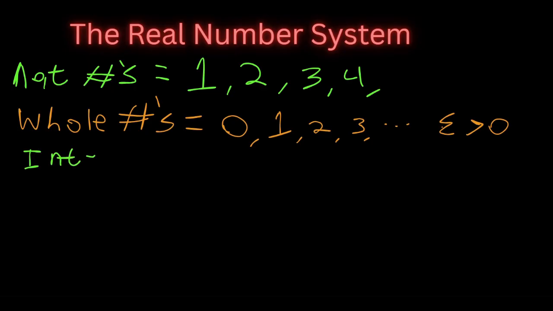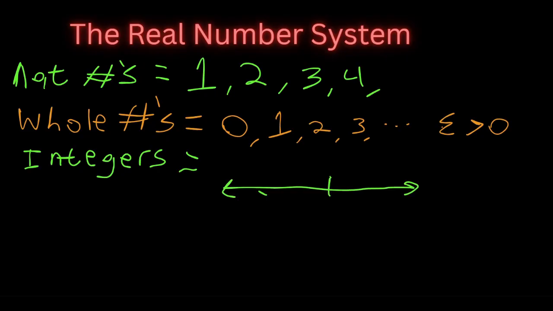Now we're going to move on to integers. Remember, we're classifying numbers here. What are integers? Now, integers are going to stretch towards positive infinity and towards negative infinity on the number line. So let's just go ahead and draw a number line, and we're going to put 0 in the middle.